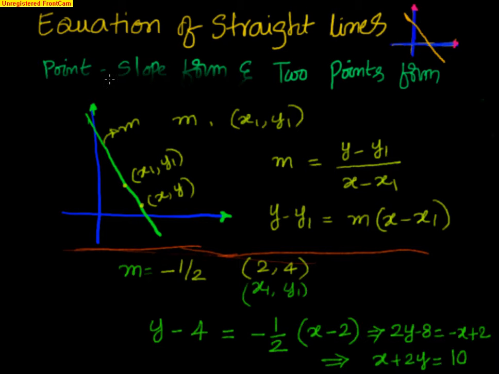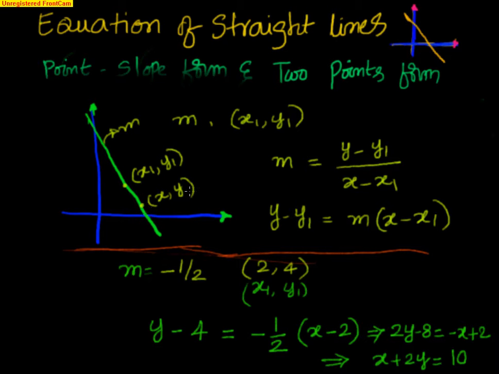Let me repeat this. We are going through point slope form. As the name suggests, we have been given a point and also we know the slope. To find out the equation of this straight line, I have slope and also I have a point. So I can straight away assume that a point with coordinates x comma y is a point on the given straight line.